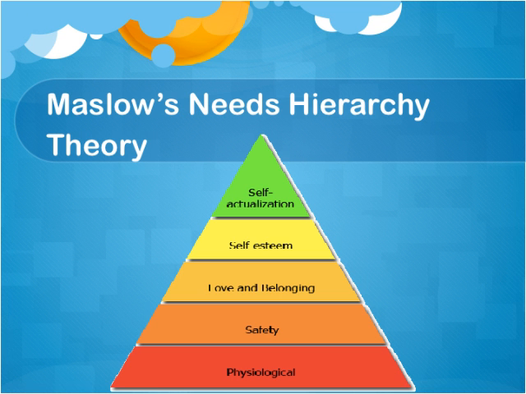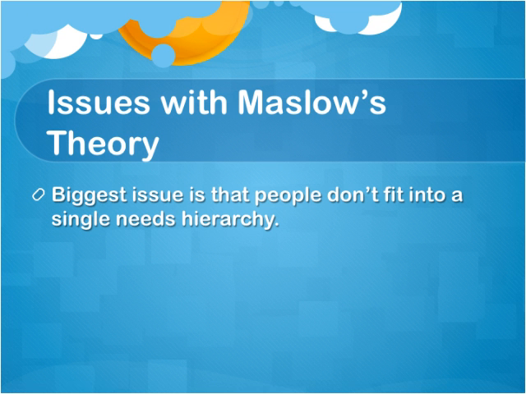Safety: body, employment, family, resources, morality, and property. And last but not least, physiological needs: food, water, sleep, sex. These needs are initially the most important, and people are motivated to satisfy them first.